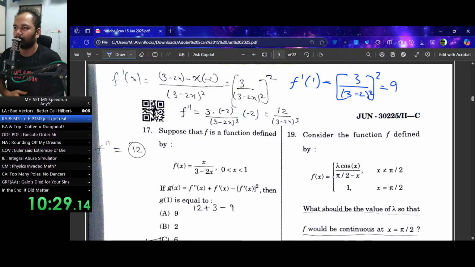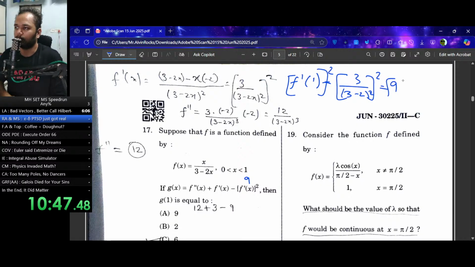Doesn't really matter, that is 1. So this is 9. f dash square, so that's going to be just this. So inside is going to be this 3 square now.